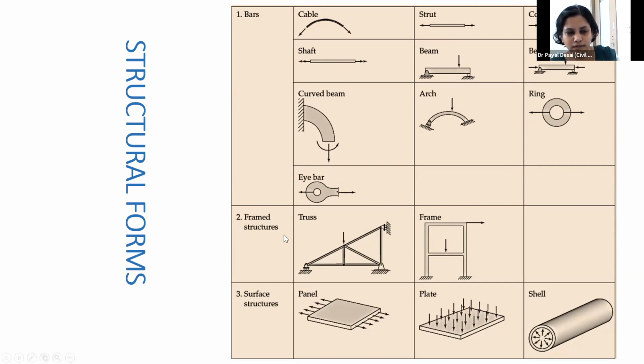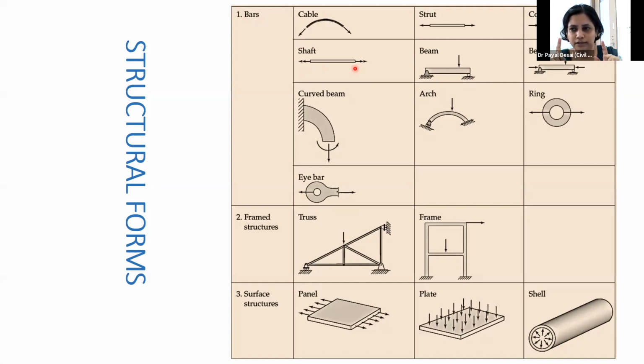Among these, the simplest are the bars and the beams. In bars and beams, you can see that one dimension is much larger compared to the other dimensions.